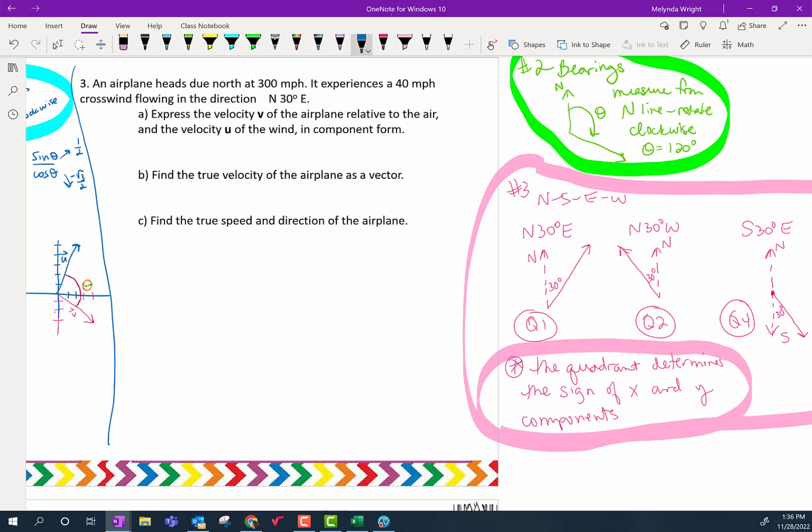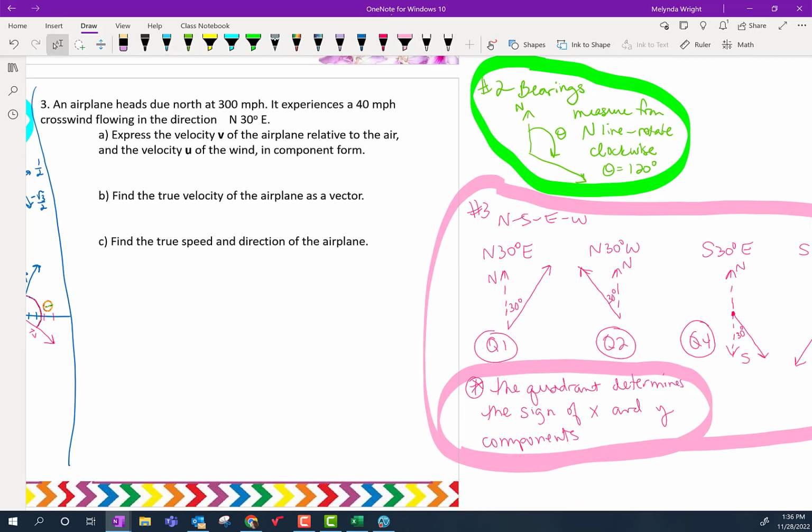So I'm going to draw, let's do the airplane vector first. Airplane vector heads due north at 300 miles per hour. So I've got a vector that's going straight north, and the length is 300. Okay, that's like one of the easiest vectors to write in component form.